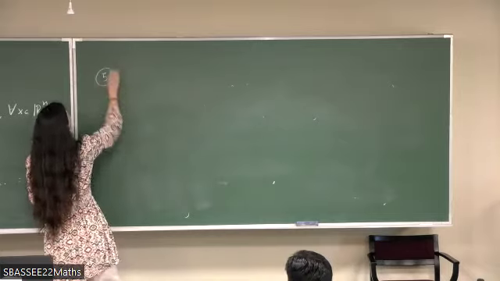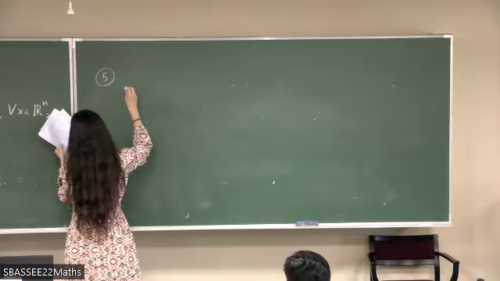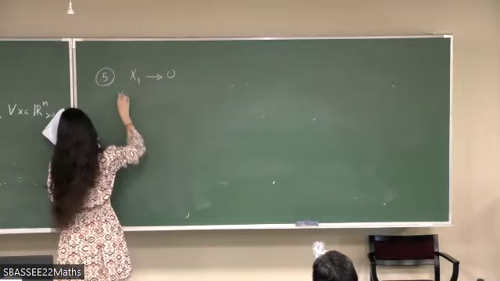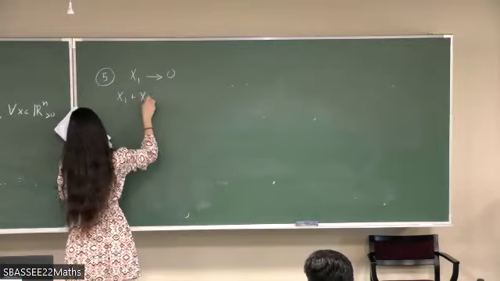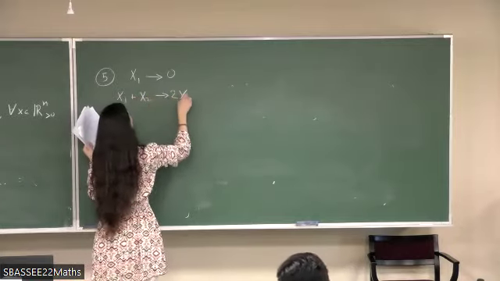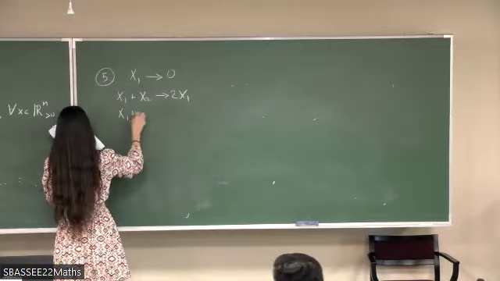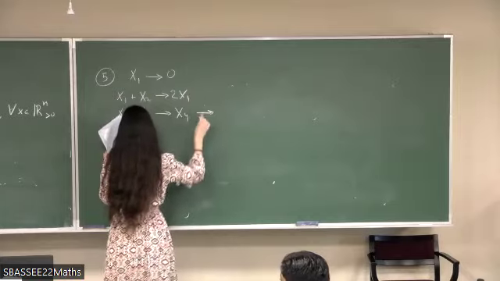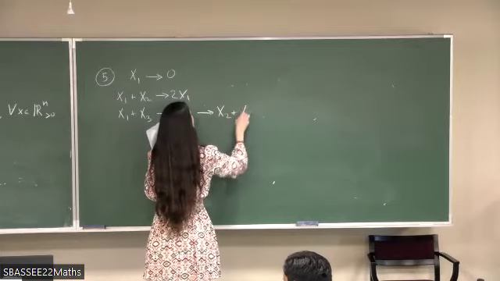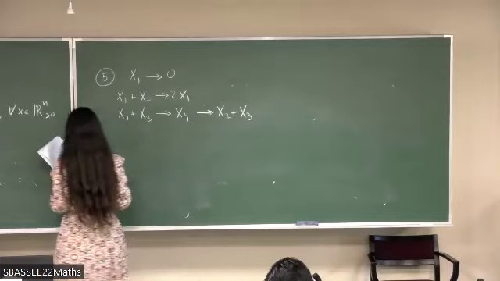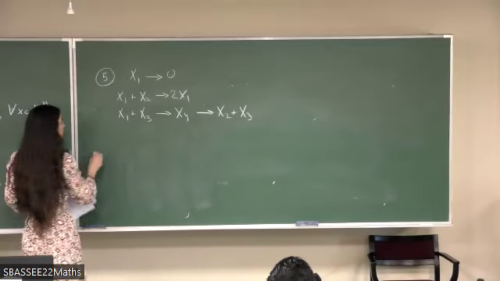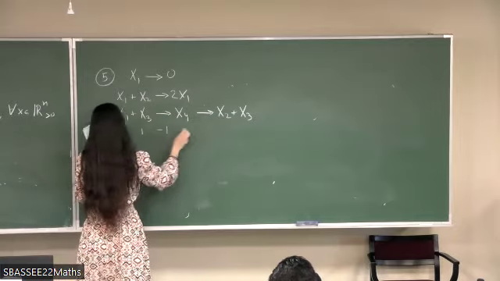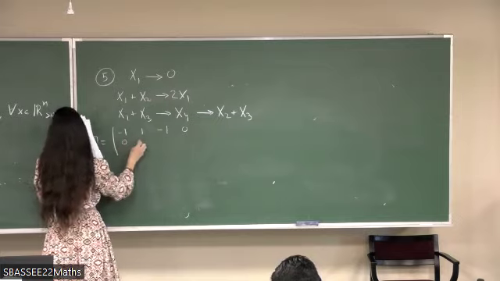So I think this is example 5. I consider this network. So here my gamma is this.